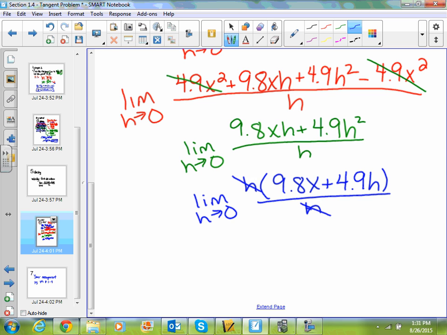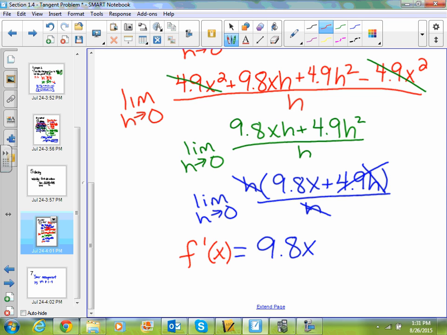That tells me that my top and bottom h cancel. And if h is equal to 0, then my h connected to my 4.9 also cancels out, because 4.9 times 0 is just 0. So all I'm left with in the end when I simplify is 9.8x. And so that's my first derivative of f of x.